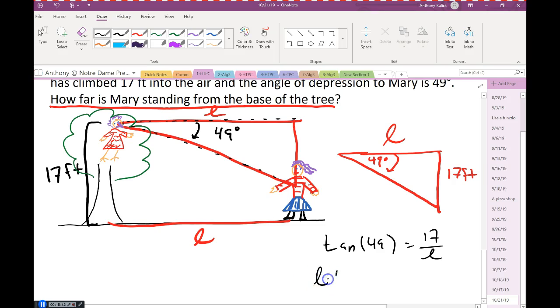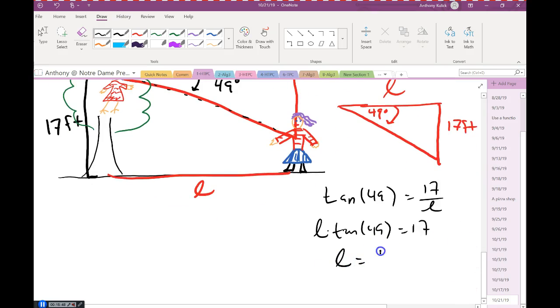L times tan 49 is equal to 17. And we divide both sides by tan 49. Gives us about 14.78 feet.